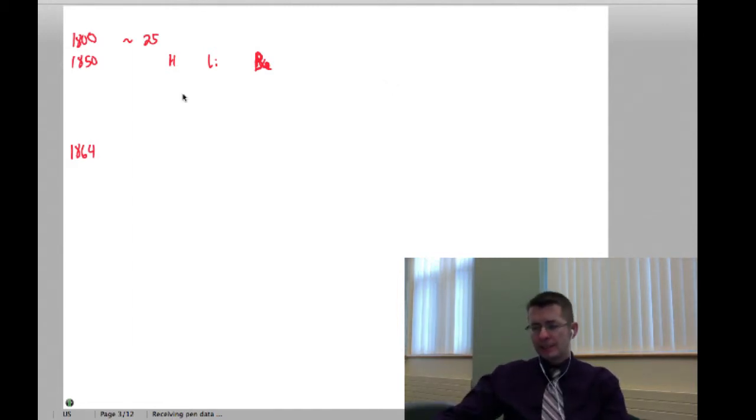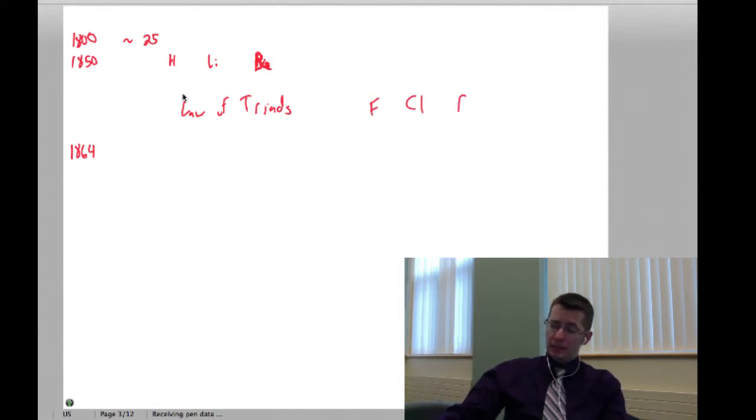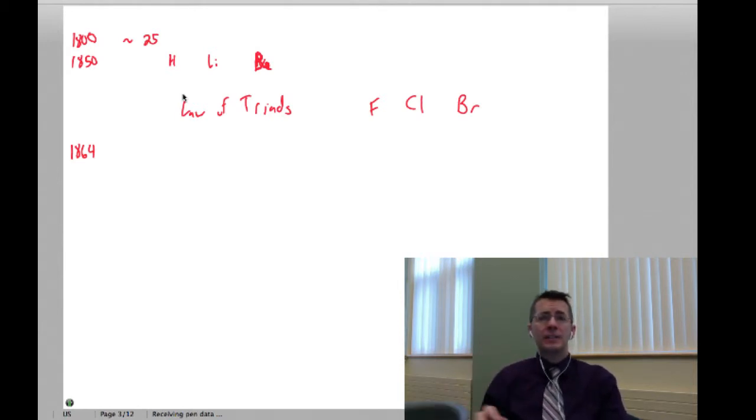They started to recognize things like the law of triads, where you could look at something like fluorine, chlorine, and bromine, and recognize that these three elements had similar properties. So they started to find these little families, these little groupings of atoms.